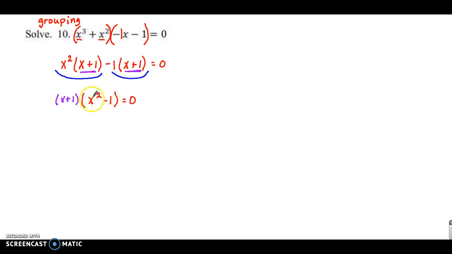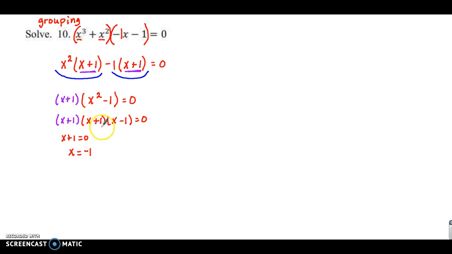I continue to factor because this is a perfect square binomial, difference of 2 squares. So when I factor, I still have my x plus 1. When I factor this second one, that gives me x plus 1 and x minus 1. And then we'll set each one of these equal to 0. So when I take my x plus 1 and set it equal to 0, I get x is equal to negative 1.